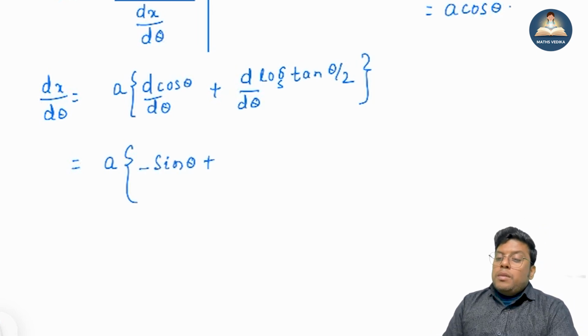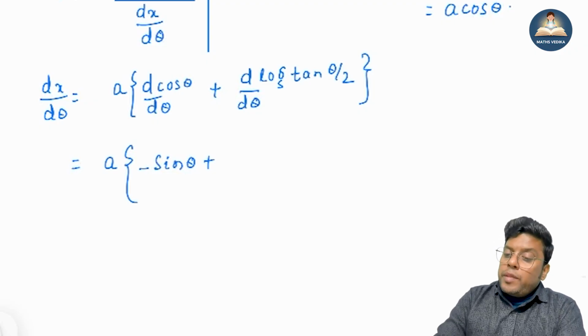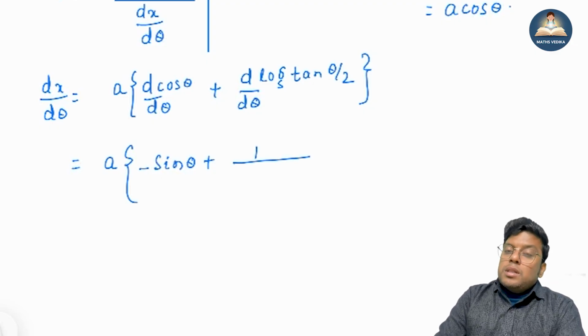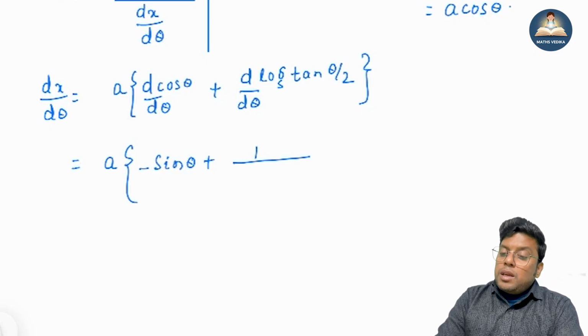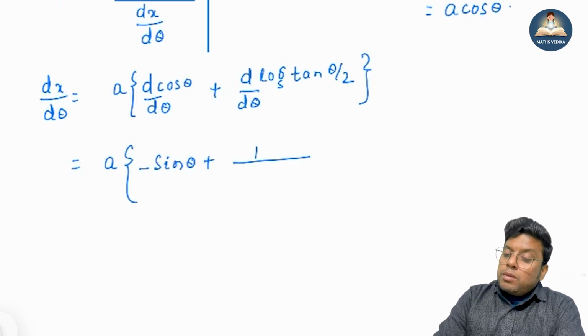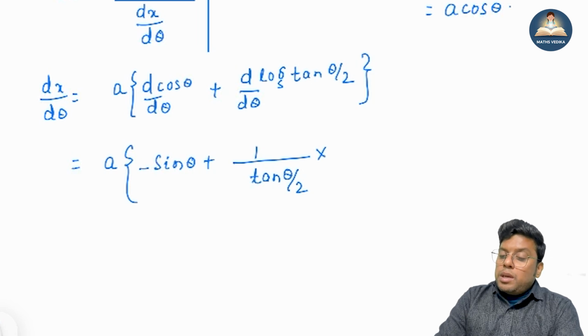Now here to differentiate log tan theta by 2 we'll apply the chain rule. So differentiation of log x is 1 by x. So here differentiation of log tan theta by 2 will be equal to 1 by tan theta by 2. Again we'll differentiate tan theta by 2 with respect to theta.